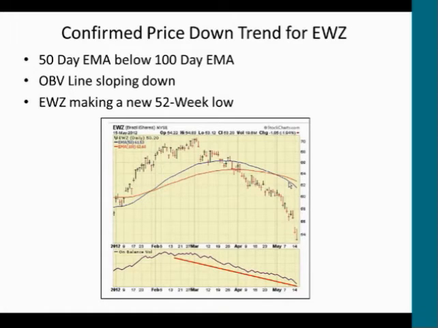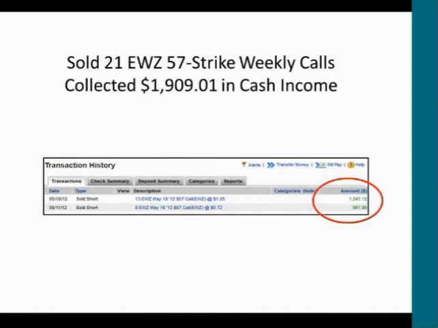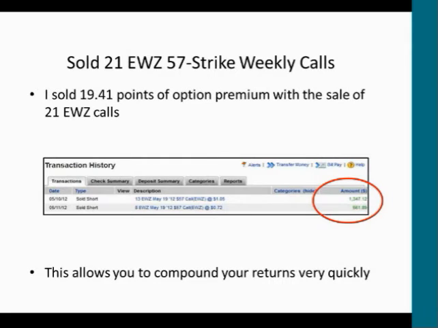So here's an example. I sold 21 of the Brazil 57 strike calls, collected $1,909 in cash income, and this was for a weekly option sale.